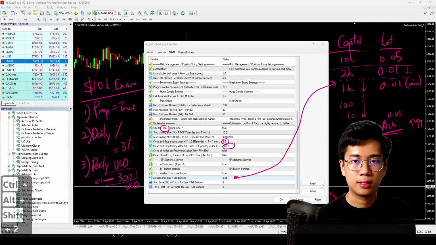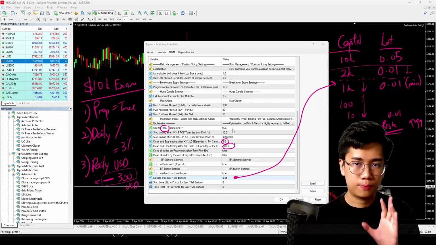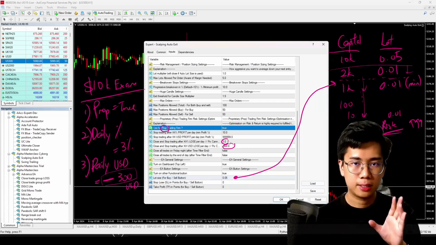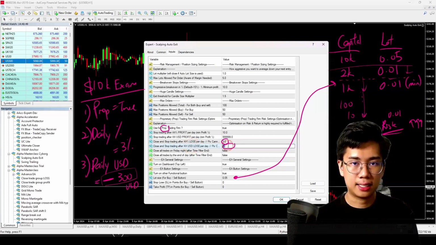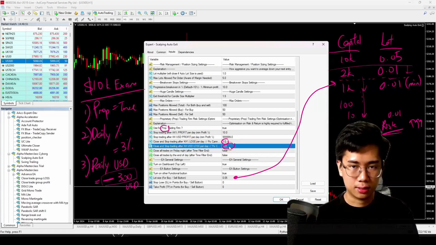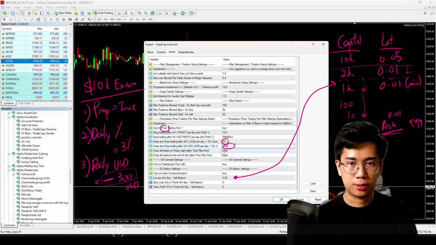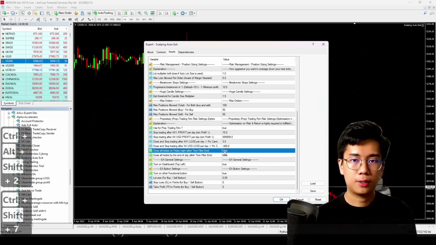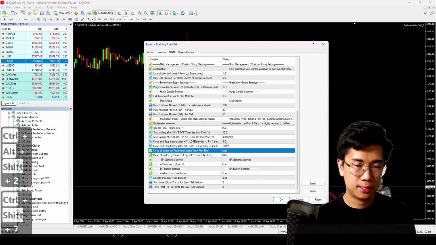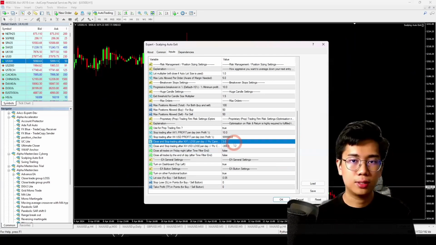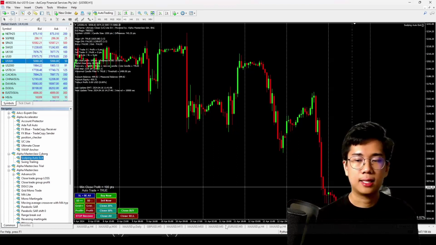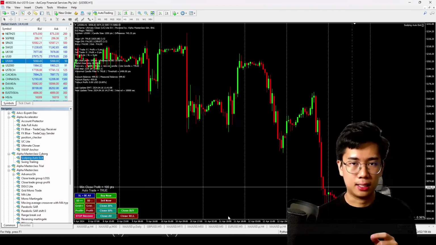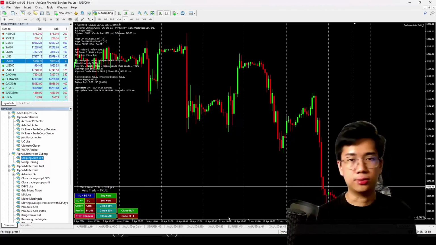All right. All you need to change is prop firm, stop loss percent, and stop loss in dollars. Negative $300. When you have set all these things, then all you need to do is click OK. And that's it. Then the robot is here and it starts doing the trades already.